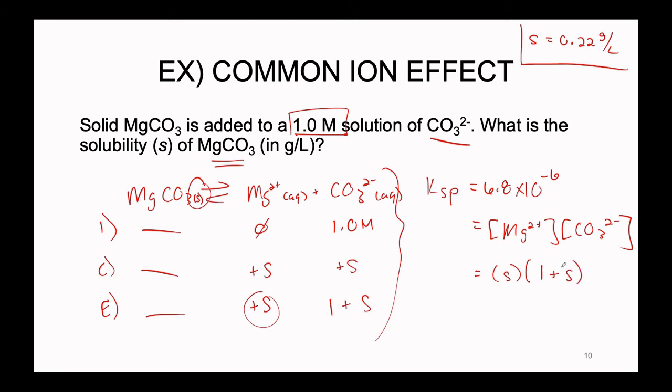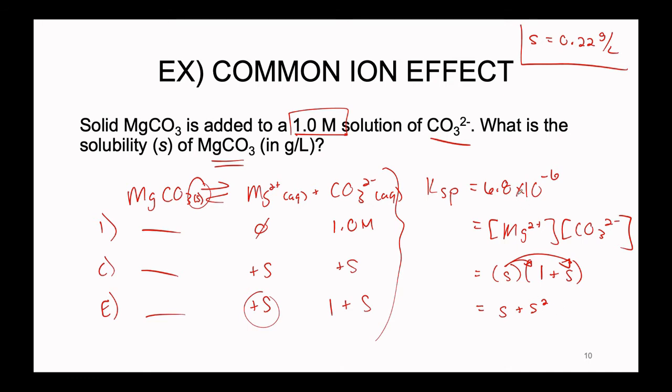So here we now have an expression with one equation and one unknown. This is our S. So let's distribute our S into the parentheses here. We have S + S squared, and all of this is equal to the equilibrium constant of 6.8 × 10⁻⁶.